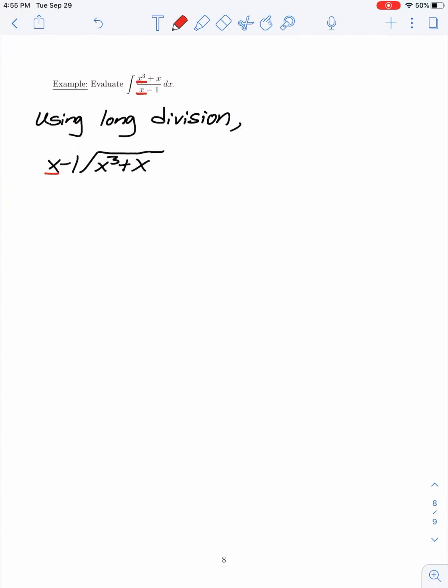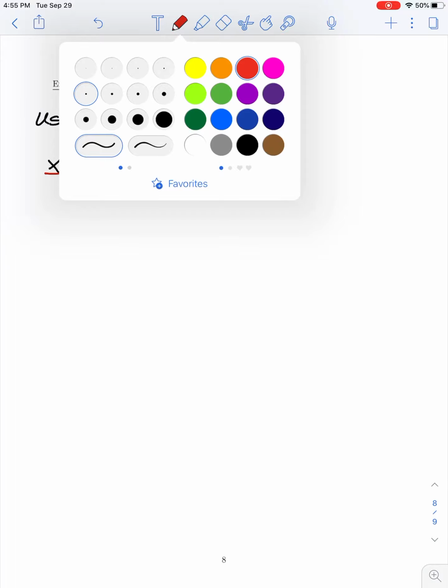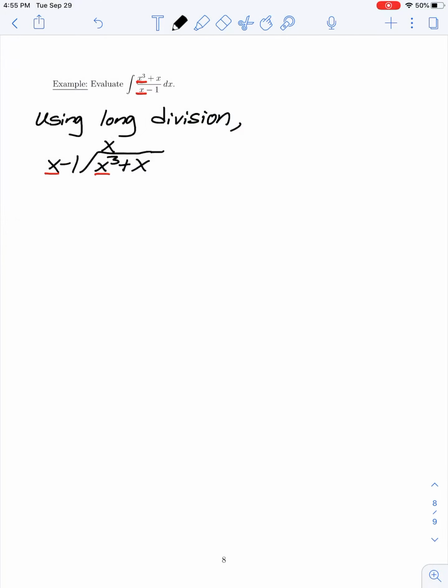So comparing the lead coefficients, I ask what would I multiply x by to get x cubed? And that would be x squared. So taking x squared times (x - 1), I would have x cubed minus x squared. And subtracting that from our numerator, I would be left with a positive x squared plus the x to the first term that we had.